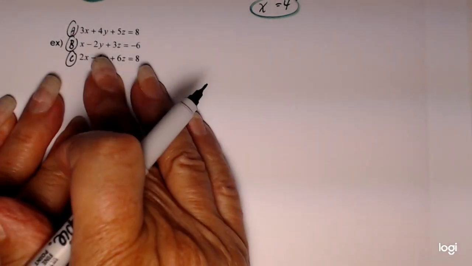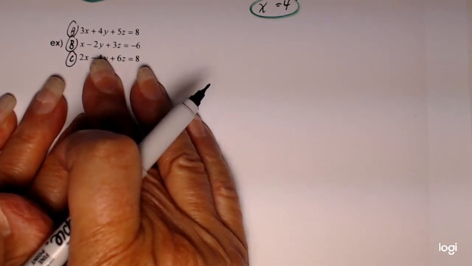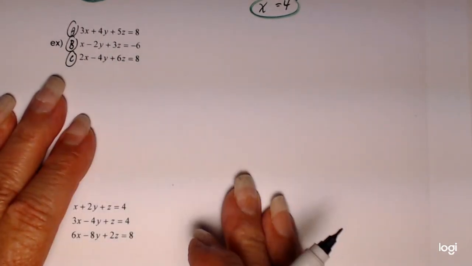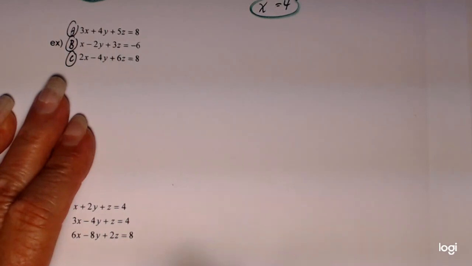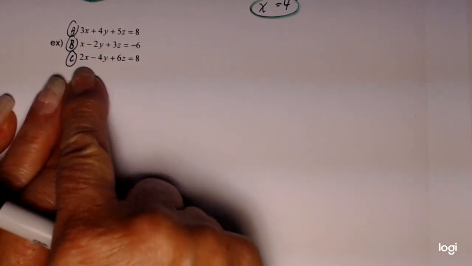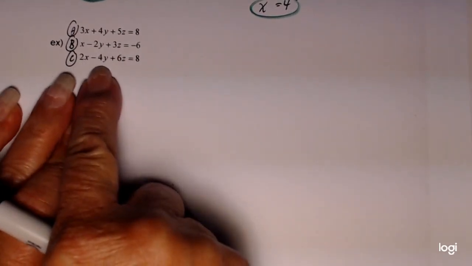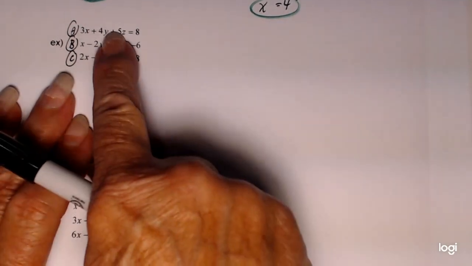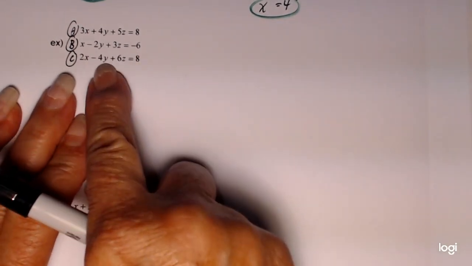Looking at this problem here, and I've labeled them again A, B, and C, when I look at A and C, I notice that we have positive 4 and negative 4.